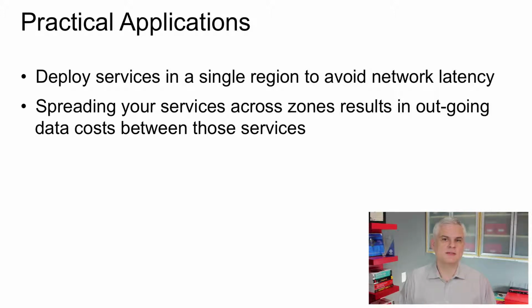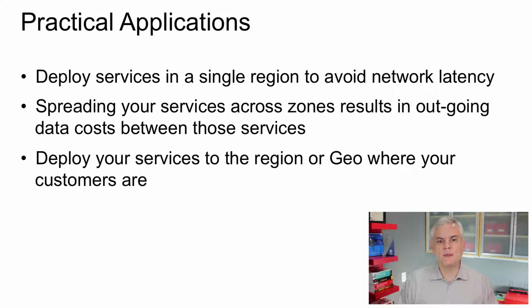The third practical implication of all this is that for public-facing services, for example, Azure websites, it's generally advised that you deploy your services to the region or the geo where your customers live. So obviously, no matter where you deploy your services, people from around the world will be able to access them. That's not really the point. Again, this is really a matter of network latency and the proximity of the data to the end user.